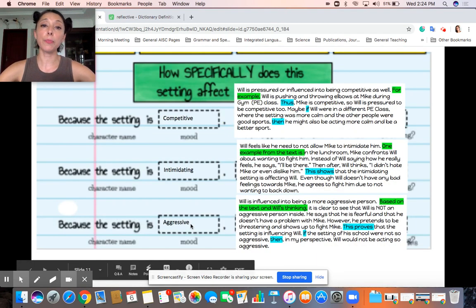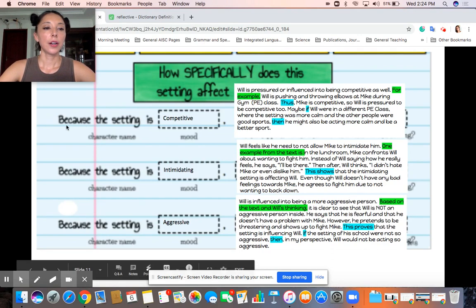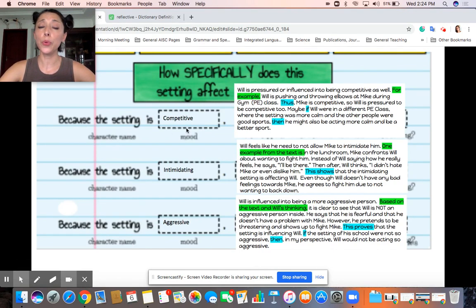This is an example of the digital journal page today. It has here, "because the setting is," and this is where I put the mood or one idea for the mood of the setting. And then it has a comma, and then I should continue the thought with my writing.